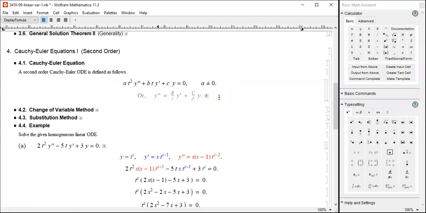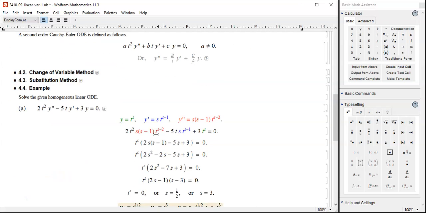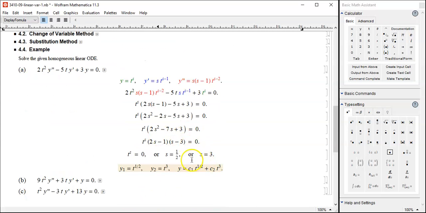Let's go back here. The linearly independent solutions exist, y1 through yn. This is second order, so our aim is to find two linearly independent solutions. They must exist, somehow you can find them. By this substitution, we got two: t to the 1/2 power, t to the third power.